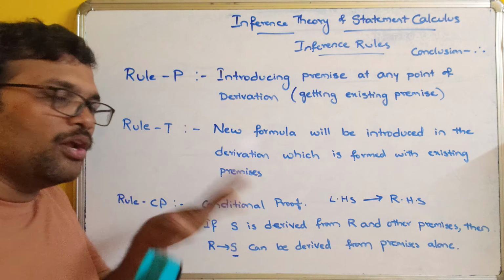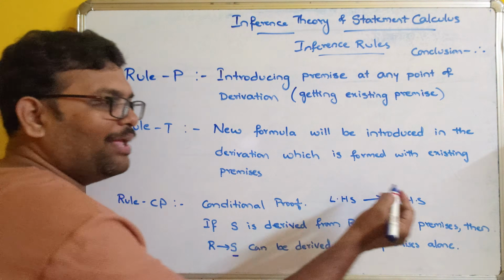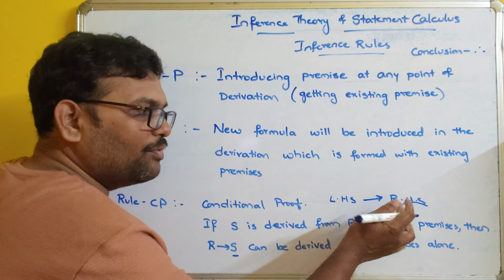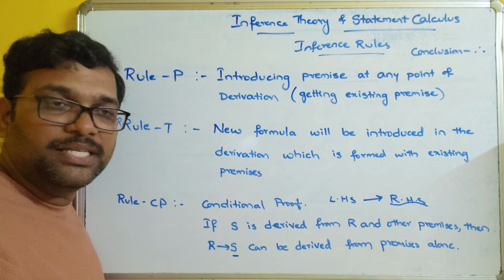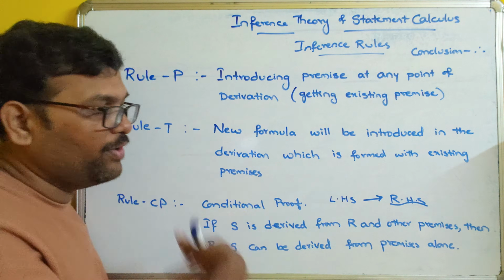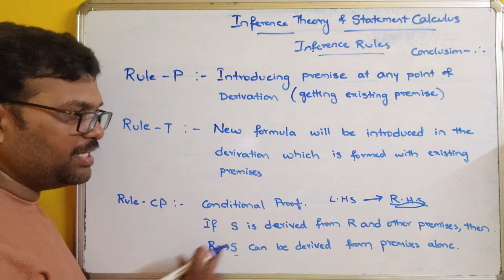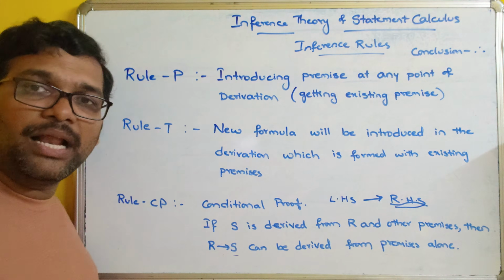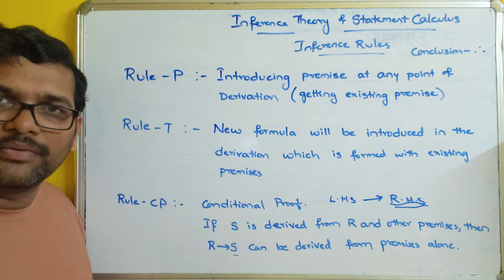If the conclusion is in this format, you are deriving the RHS with the help of the LHS and the existing premises. So we'll consider the LHS and other premises, and we have to derive the RHS. That implies R implies S can be derived from premises alone. So the conclusion is correct. That's a valid conclusion.